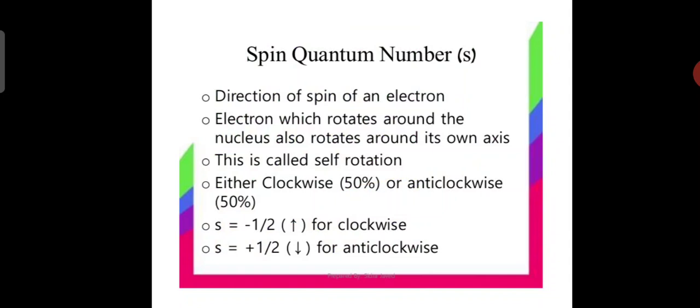That's what we call self-rotation. So its values could be negative 1/2 or positive 1/2. That is the spin quantum number.